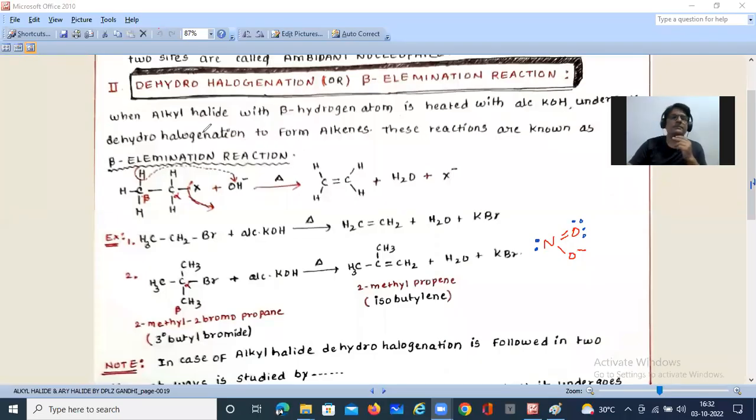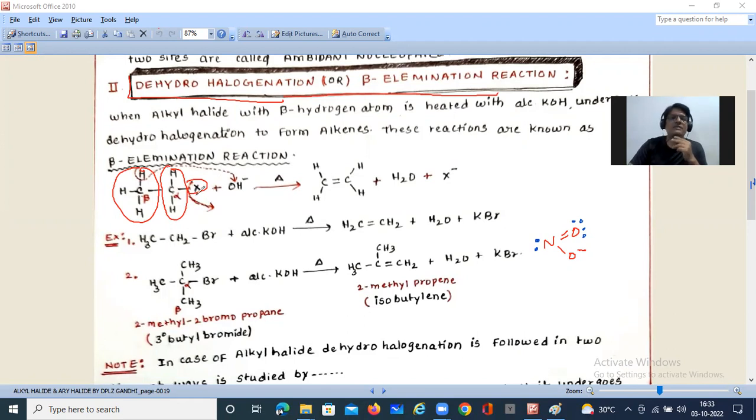Yes, dehydrohalogenation or beta elimination reaction. This is our next topic. See, when alkyl halides have a beta hydrogen, here I have taken one example, CH3CH2X. We know what a beta hydrogen atom is.